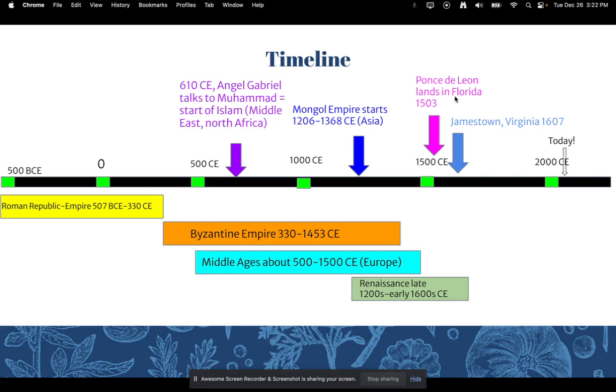Yeah, the US Florida, the white sand Florida, in 1503. So there's only about a 3 year gap between the age of exploration and the Middle Ages, which is kind of crazy to think about. And then Jamestown, Virginia, which is one of the first European towns in North America, is in 1607. Kind of crazy how close all these events are. And then, of course, there's us today.